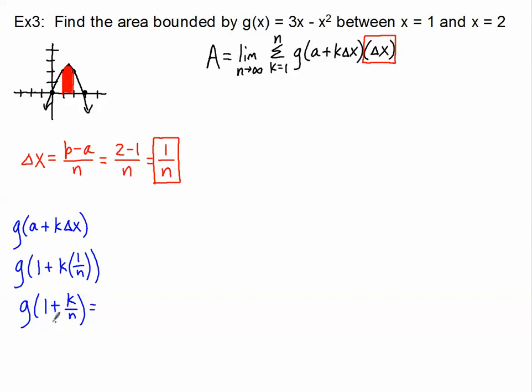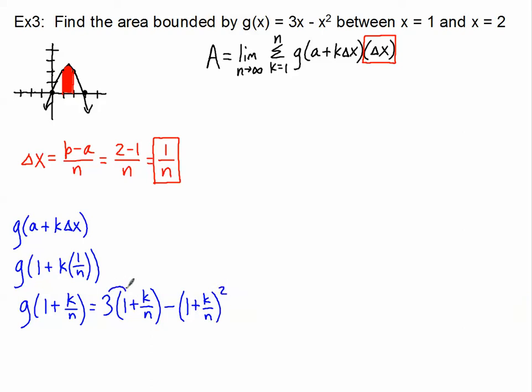So plugging 1 plus k over n into the g function right here and right here for the inputs would give me 3 times my x, which is this whole thing, 1 plus k over n, minus x squared, so I'm going to put it again, 1 plus k over n, quantity squared. All right, so I got some work to do here.